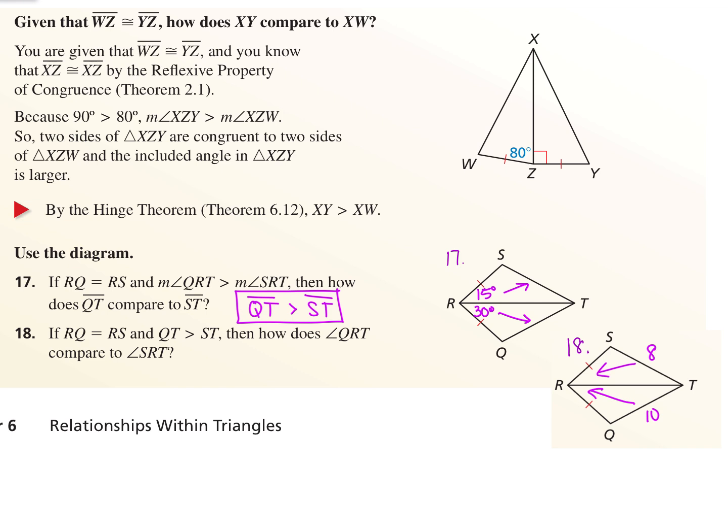Again, if QT is my larger side, then the measure of angle QRT is going to be larger than the measure of angle SRT. This would be my answer. Don't put a line here because that means equal to, and that is not correct. Make sure that line is not there.